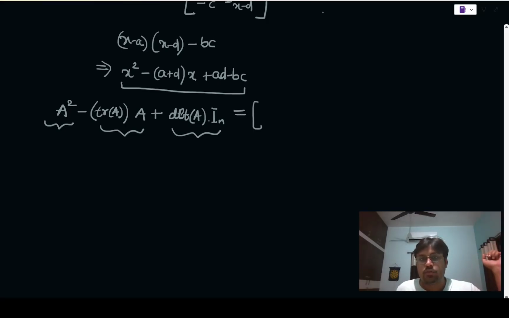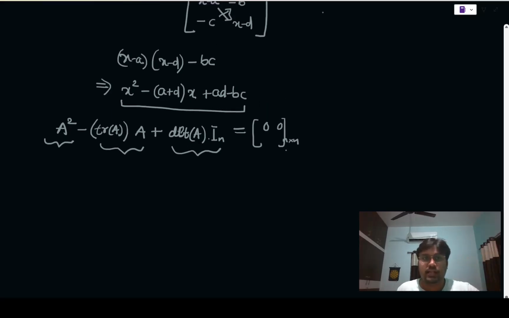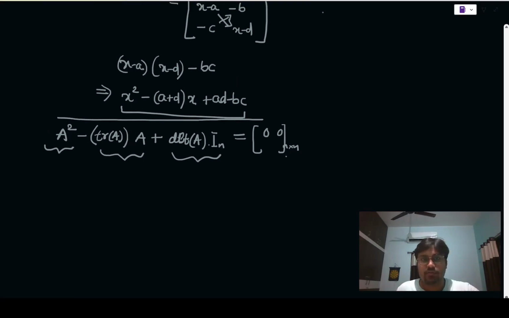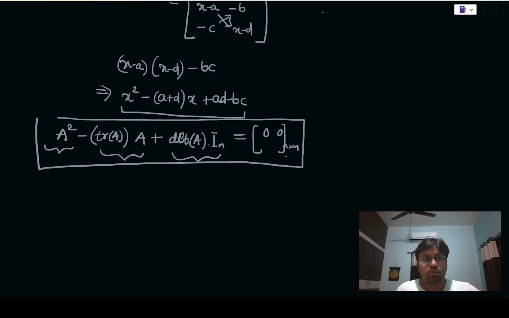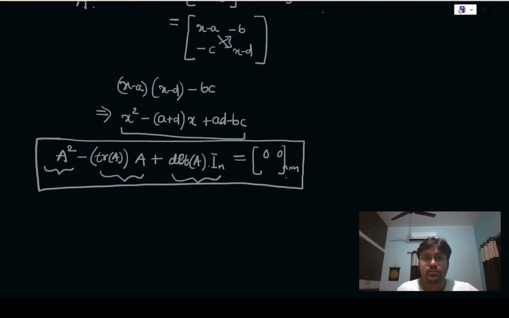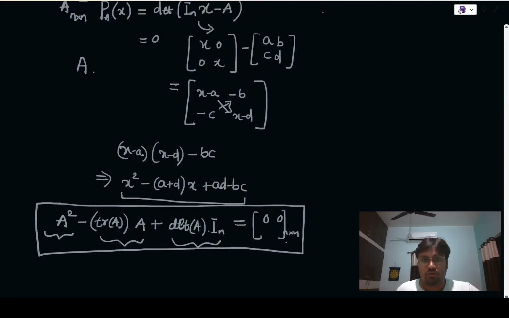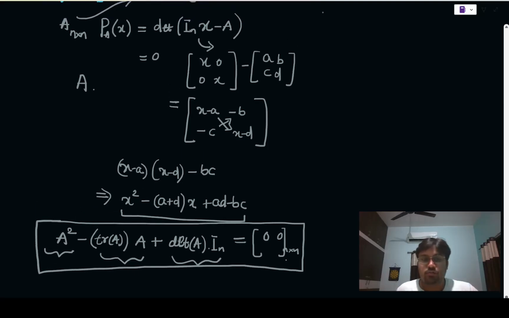This will be a 0 matrix of n by n form. So this will be a 0 matrix which has dimension n by n. That's basically the statement of the Cayley-Hamilton theorem, that for any matrix, if you write up its characteristic polynomial equation, it will be equal to 0, and that can be generalized to matrix form. So that particular equation will be basically a 0 matrix.